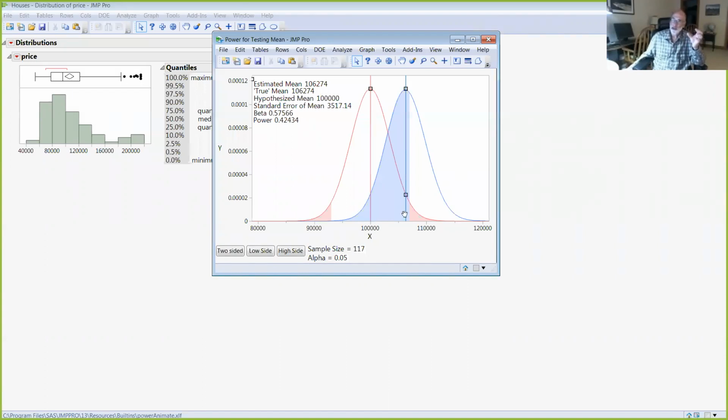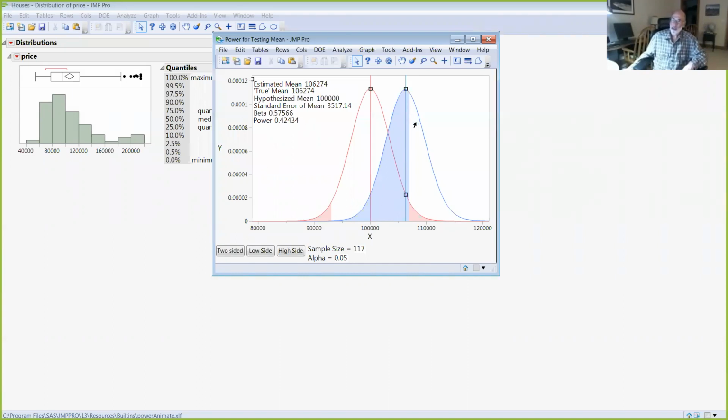So if you look at this diagram, what we have is the same red curve centered on 100,000. This is the hypothesized mean. If the hypothesized mean was 100,000, the red represents what we could get out of a random sample of 117 houses. What the blue shows is the same spread out distribution, the same t-distribution, which is essentially the same as a normal distribution, but centered on what we actually found in our sample, 106,274.